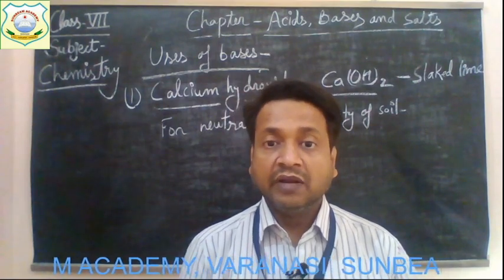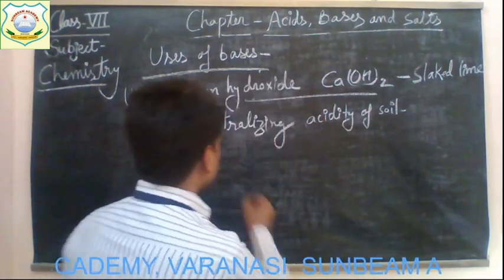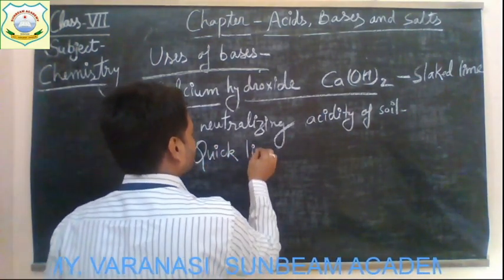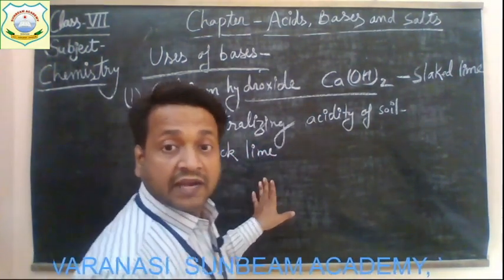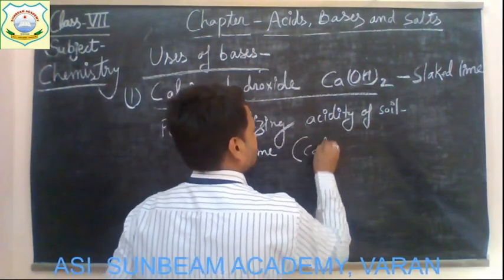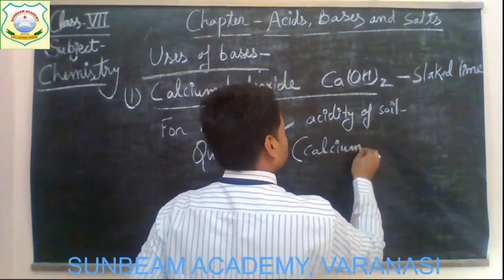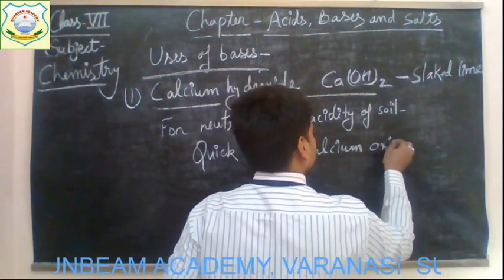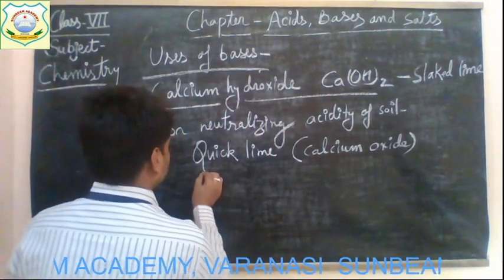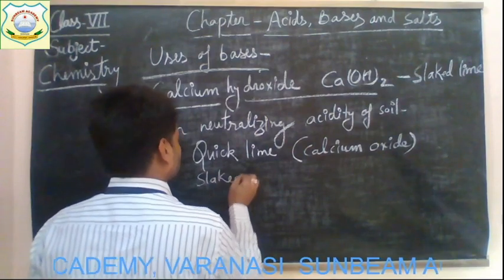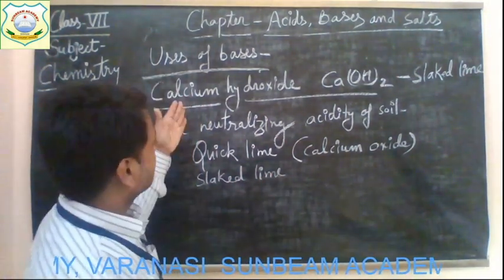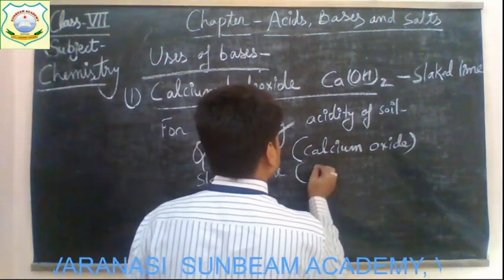Got it, children? What materials are used? Quicklime, and the chemical name of quicklime is calcium oxide. And slaked lime, its chemical name is calcium hydroxide.